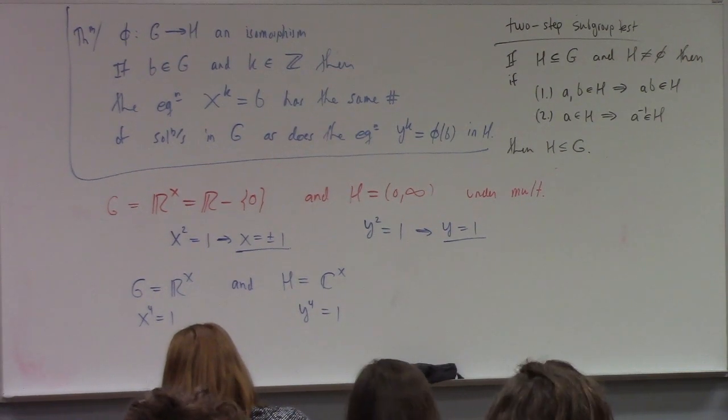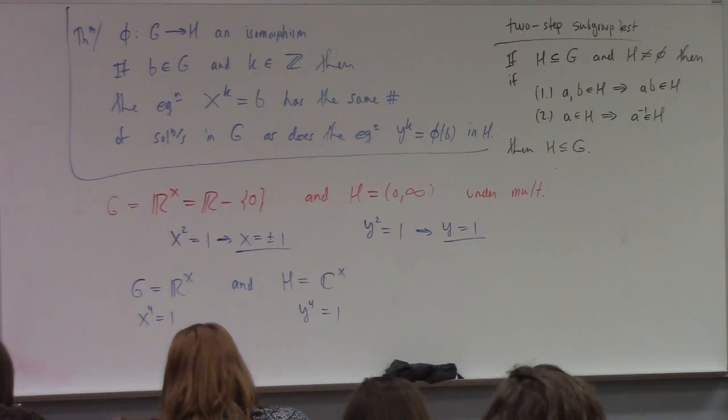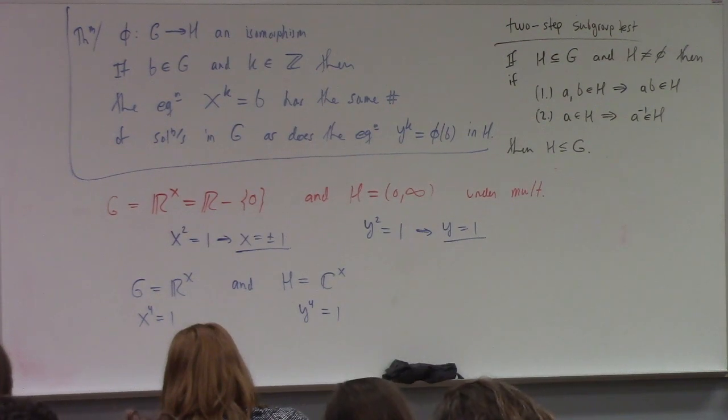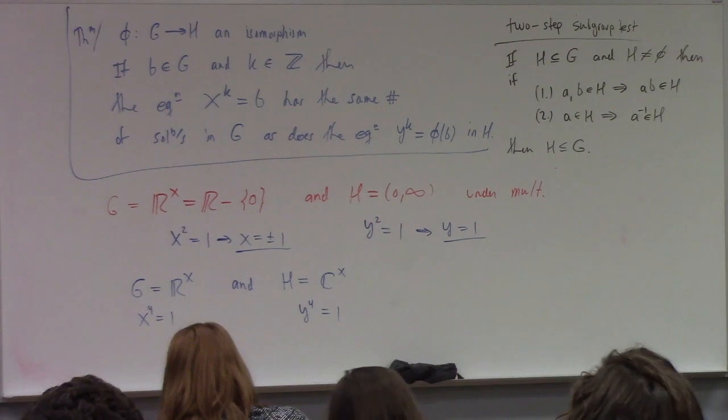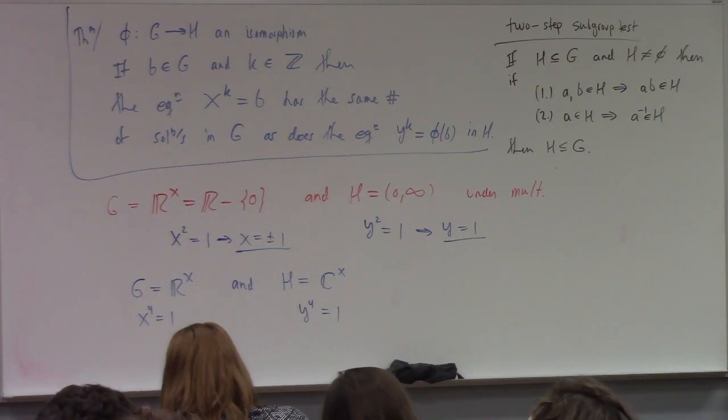In fact, those 4 solutions are our beloved 4th roots of unity, which I know you want me to talk about some more, but anyway. As you can see, that proves that the non-zero reals are not isomorphic to the non-zero complexes.